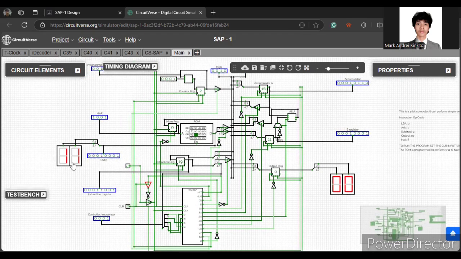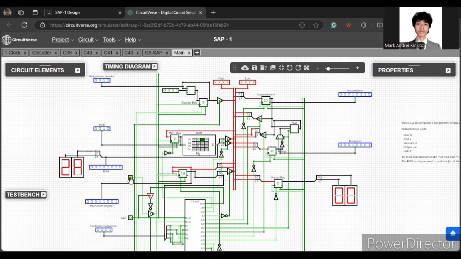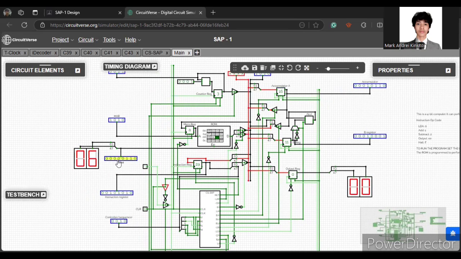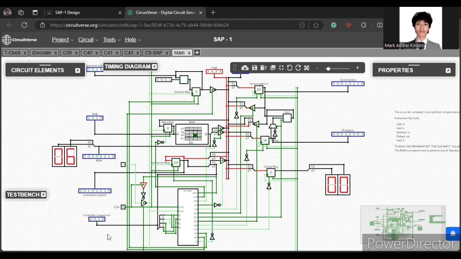So let's go for subtraction. So we need to increment this into, okay, 6. As you can see, it's 0000 0110. So we have the program counter here.